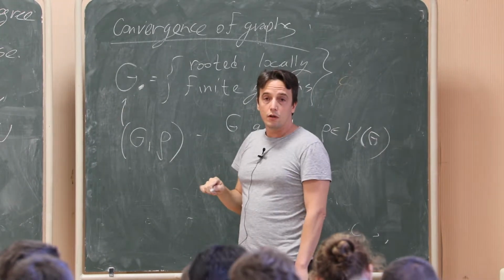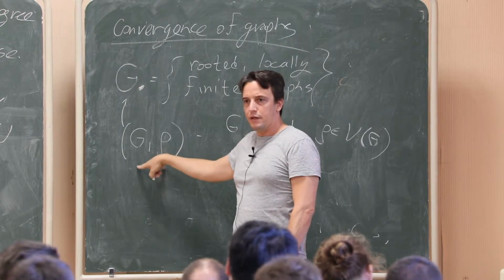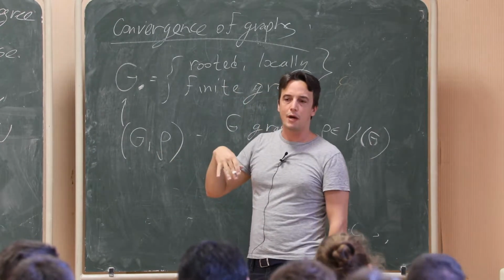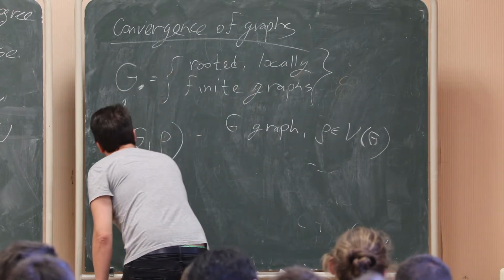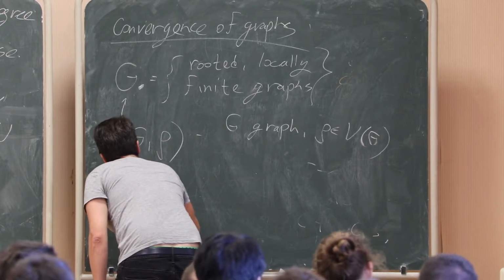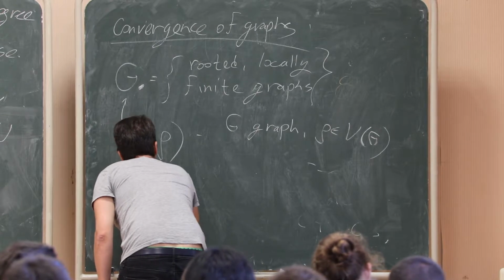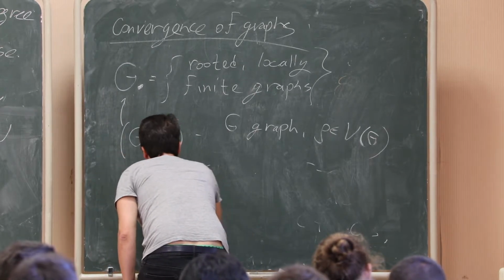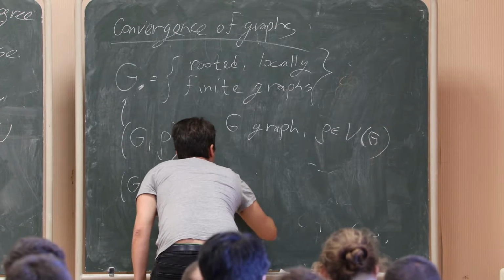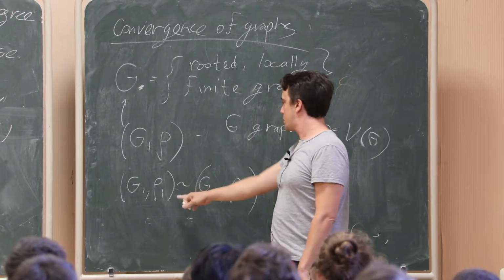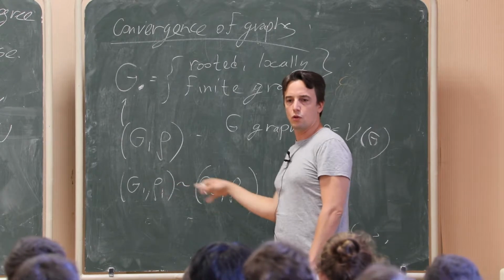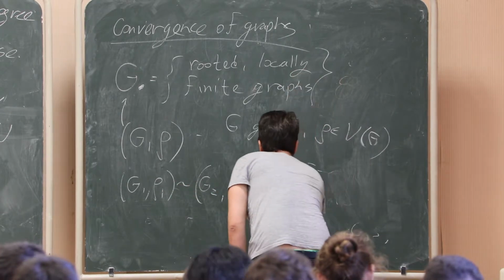And we not just look at these as elements, but we consider them as equivalence classes. Okay, so two elements are equivalent, so G1 rho 1 is equivalent to G2 rho 2 if there's a graph automorphism that takes rho 1 to rho 2 and G1 to G2. So this is if and only if.